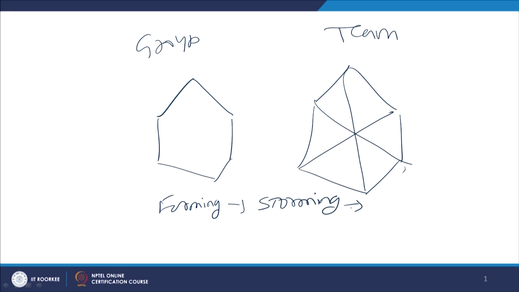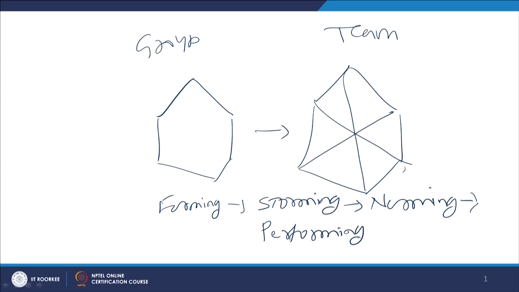The third stage, from group to team, is norming. All members develop a norm in that particular group, or the participants develop a particular norm. As soon as they develop the norms, they start performing, because they already know the norms for each other.